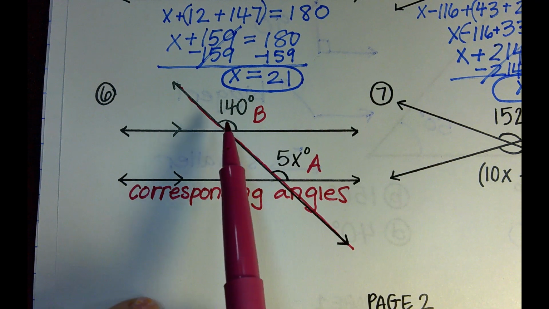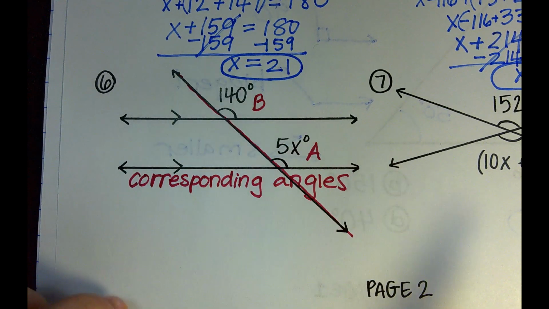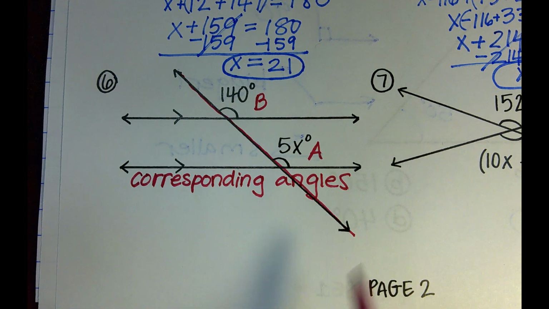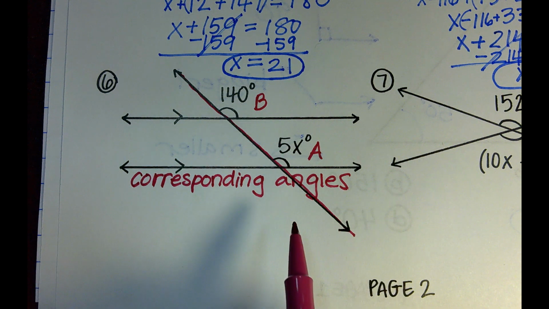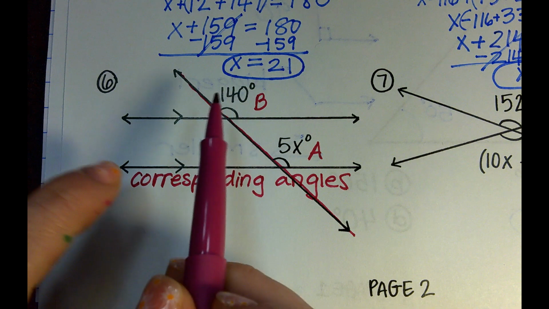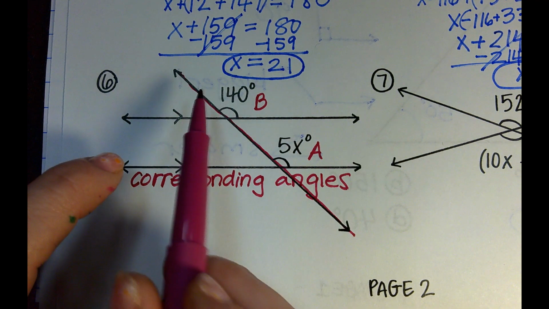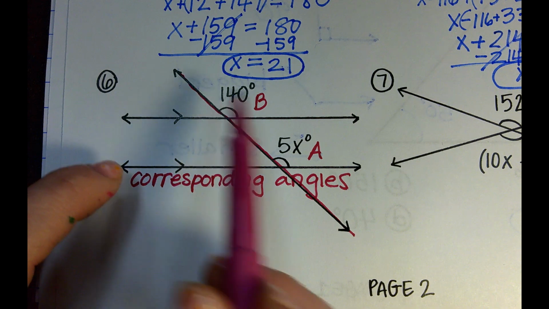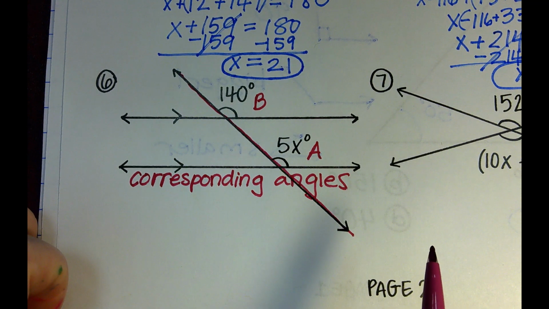So what equation can I write using A and B? 140 plus 5x equals 180? Let's see, I know that 140 degrees, since these are the same, is 140 plus 140 going to give us 180? No, it won't.